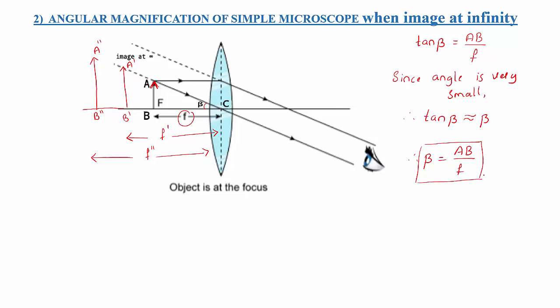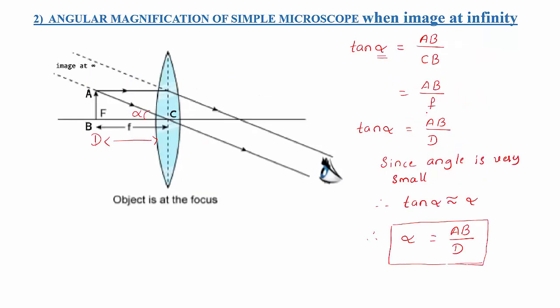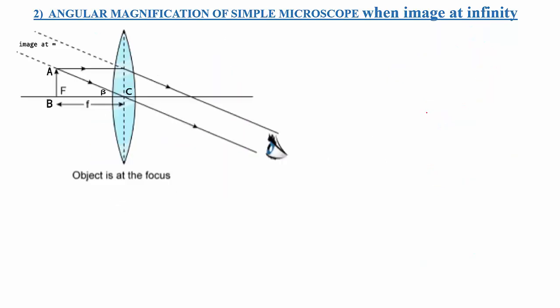Remember here the image is formed at infinity. That means up to infinity we can magnify the image when the object is at the principal focus. Here we considered the image at AB, so that the adjacent side will be equal to the focal length. Now we got the value of alpha and beta.